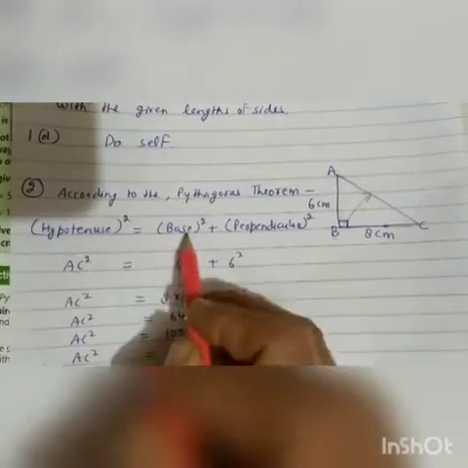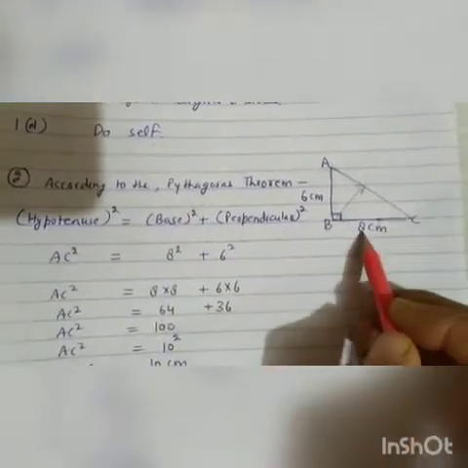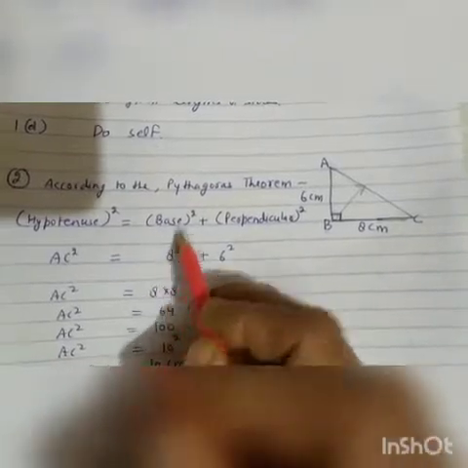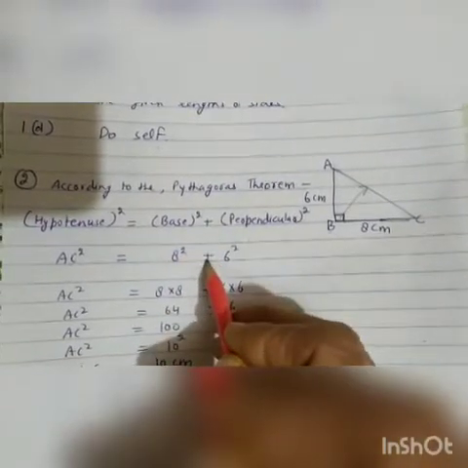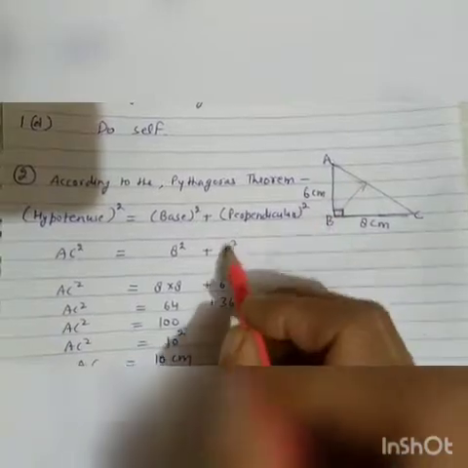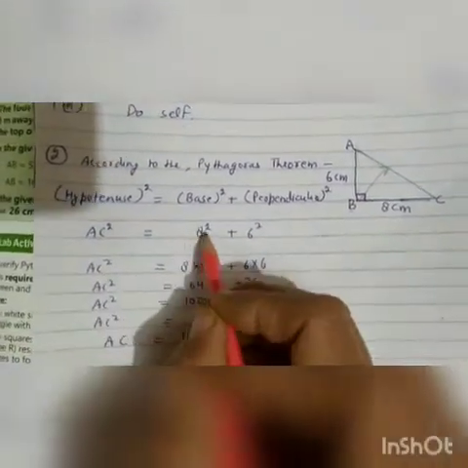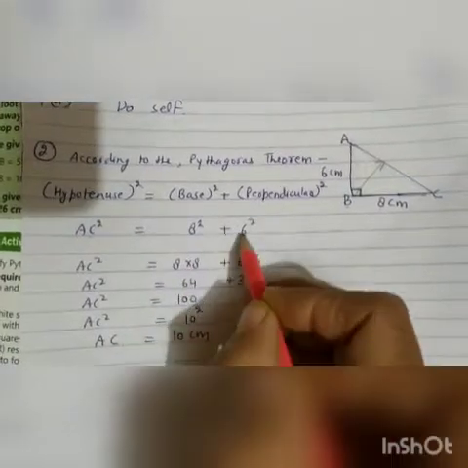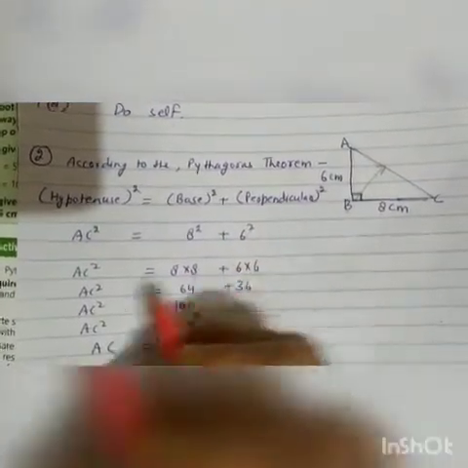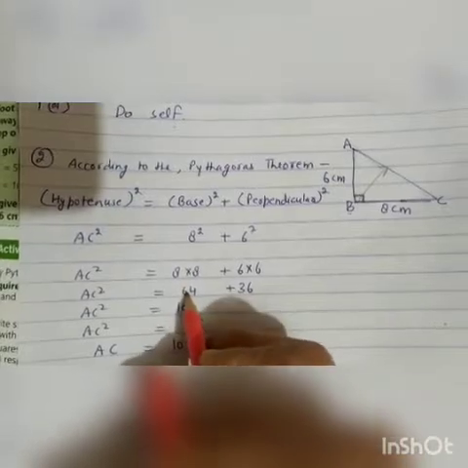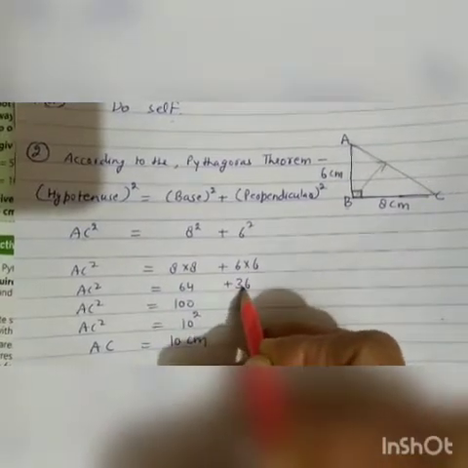AC square is equal base. Base is this line, 8 square. Base is 8, then this square, plus perpendicular is 6, 6 square. AC square as it is. 8 square means 8 into 8 plus 6 square is 6 into 6. AC square is equal 8 eights are 64 plus 6 sixes are 36.